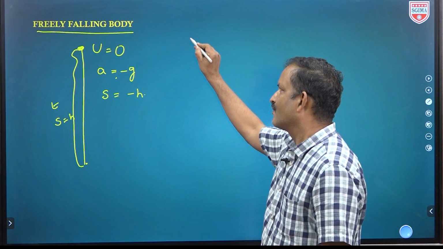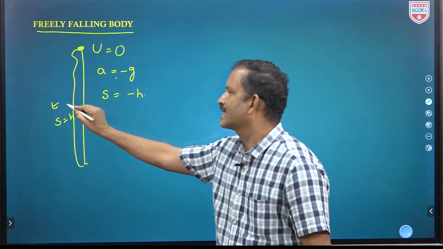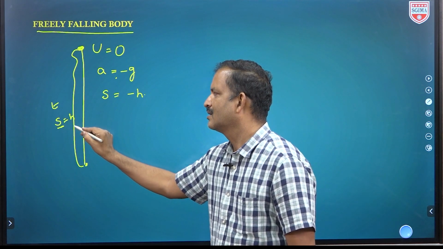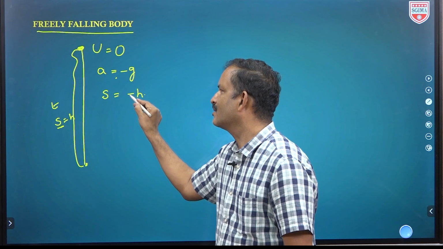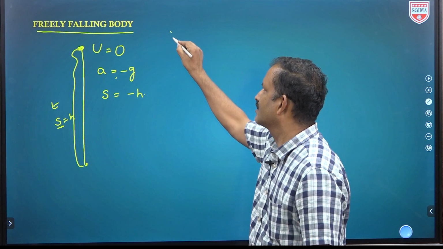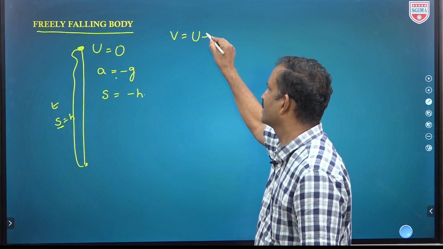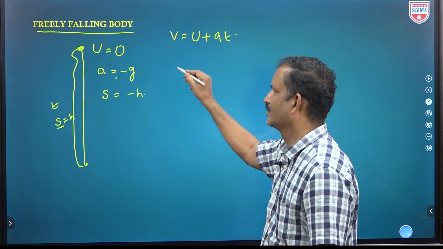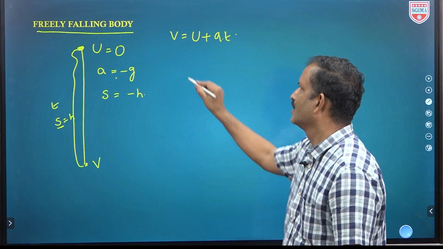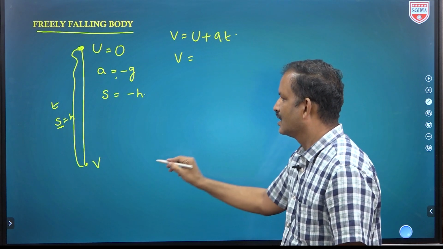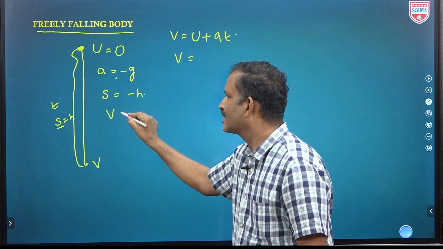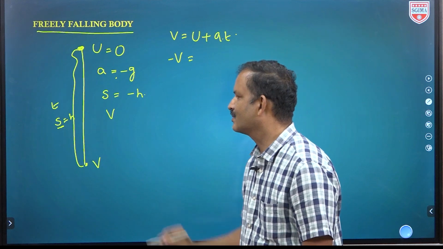Now, first equation. After t seconds, the body reaches this point. This displacement is h, but applying the sign convention I am considering minus h. So, first equation, v is equal to u plus at. When it comes to this point, the velocity is downward, so we have to take it as negative, minus v.